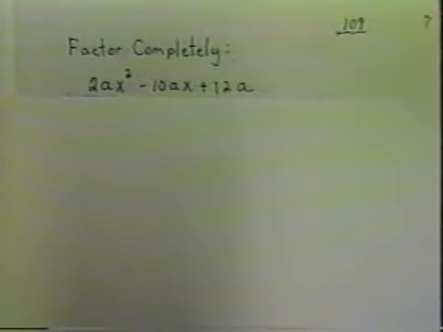Be sure that you take out the greatest common factor before trying guess and check. If you do not, you may think that it won't factor when really it will. So this is what I want you to write in a prominent place so that you can't possibly forget it.